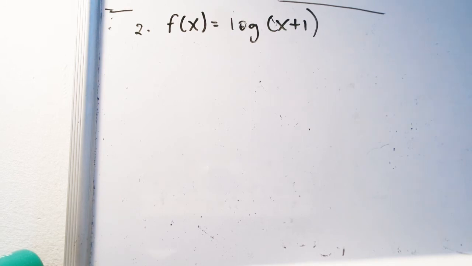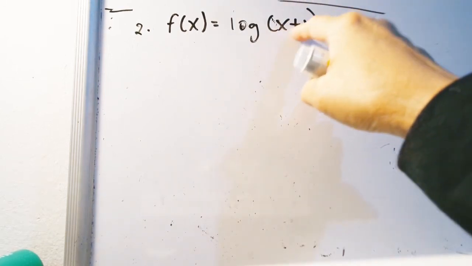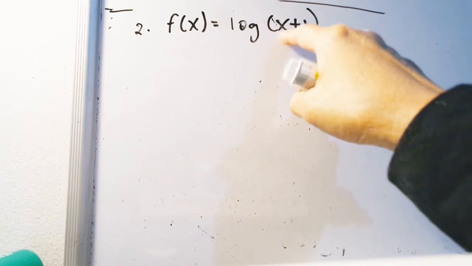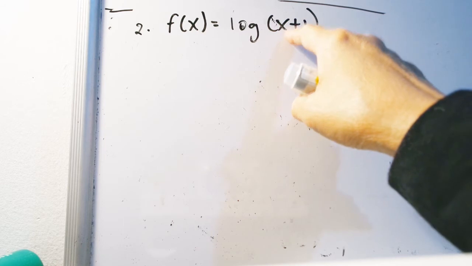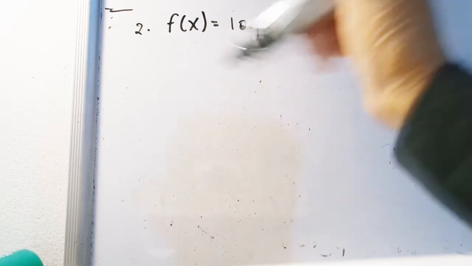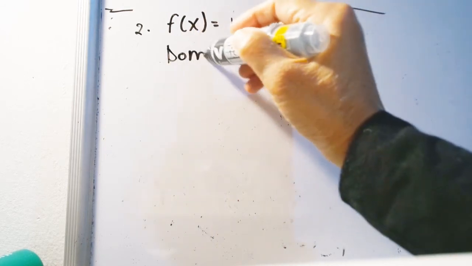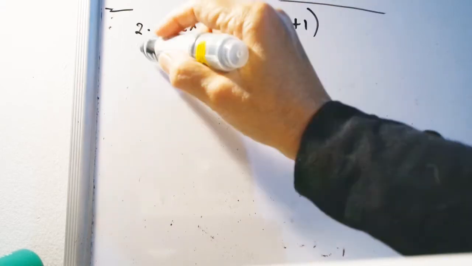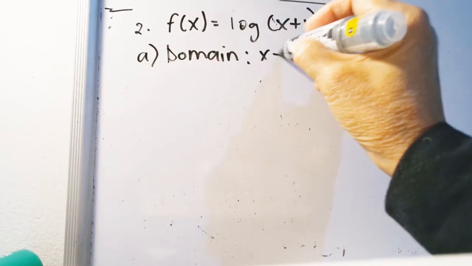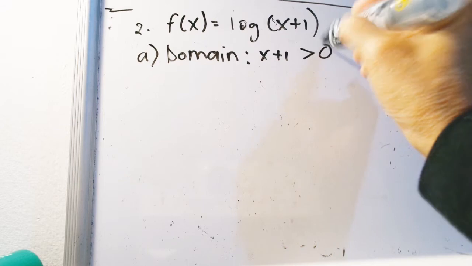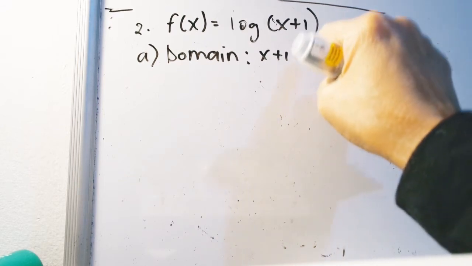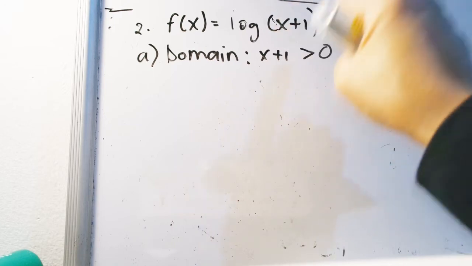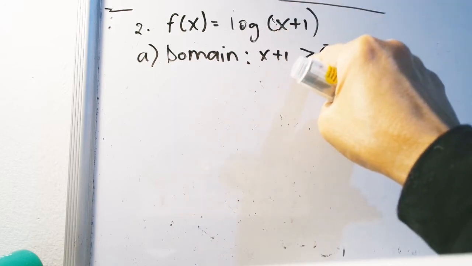So remember, when you find the domain of a log function, the expression inside cannot be a negative value, cannot be 0. So x plus 1 must be greater than 0. That holds for log functions.